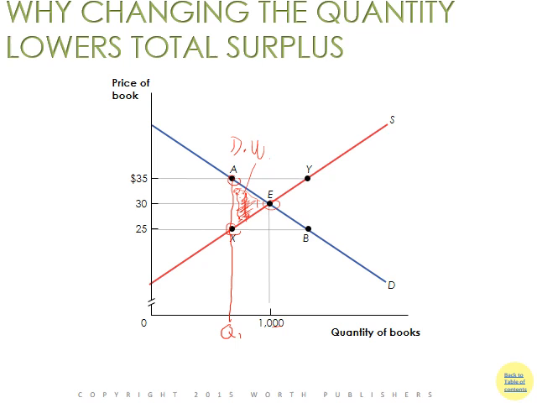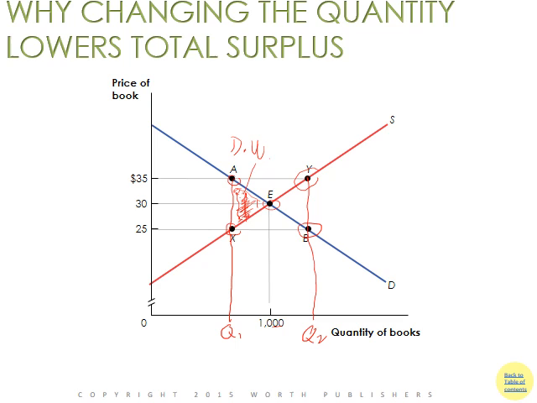Similarly, in this diagram, if the quantity was Q2, here buyers are only willing to pay $25 for the book, while sellers require $35 in order to cover their opportunity costs.